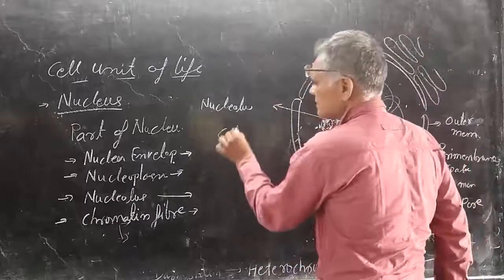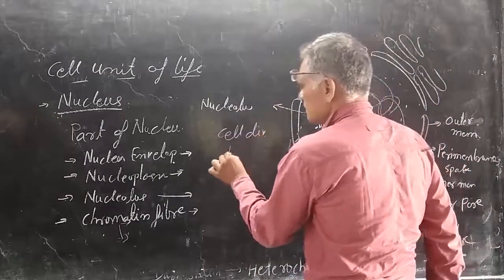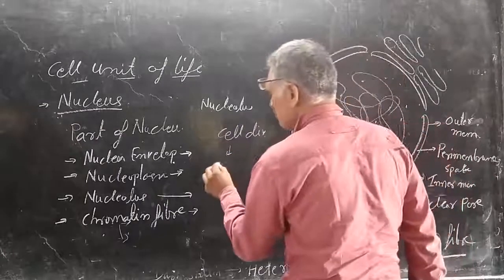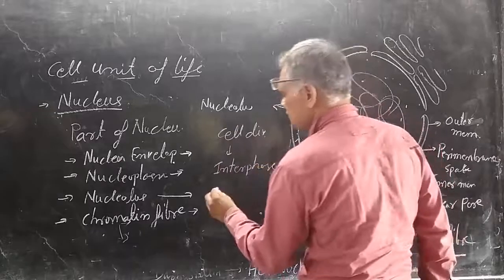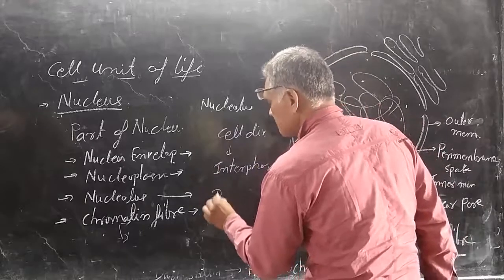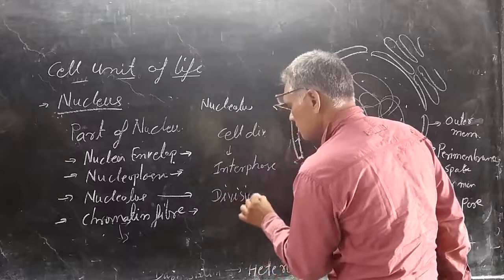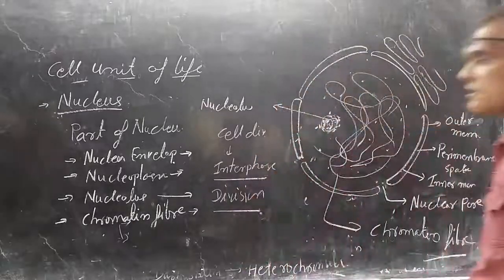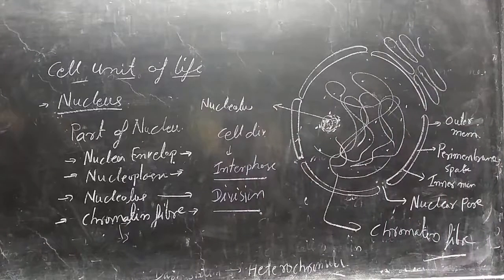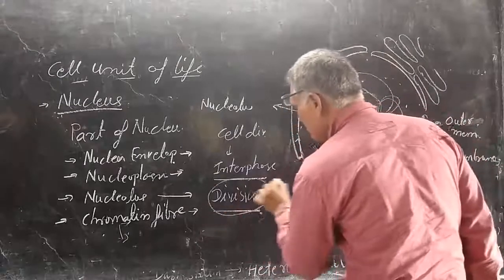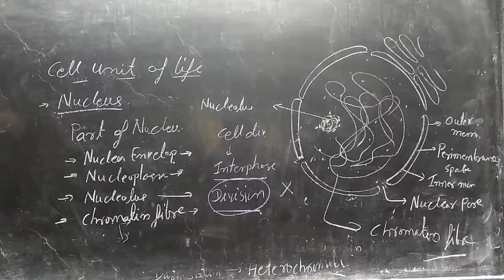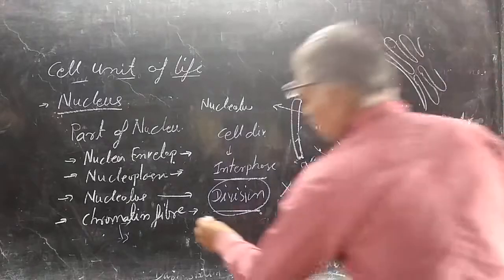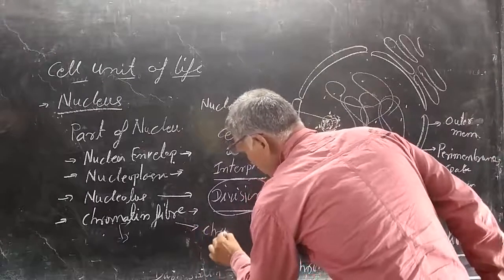Cell division is divided into two stages: one is interphase, and another is the division phase. So the nucleus is seen during the interphase only, not the division phase. Division phase के time में it will disappear, and these chromatin fibers form chromosomes.